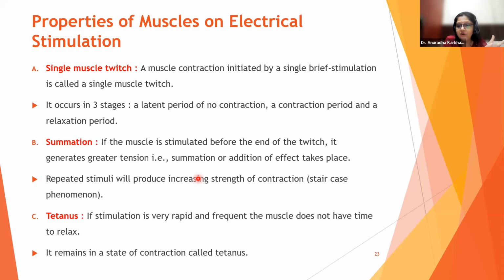So there are three different words. Tetany: hyposecretion of parathormone, PTH. Tetanus: excessive contraction of the muscles to cause cramps.